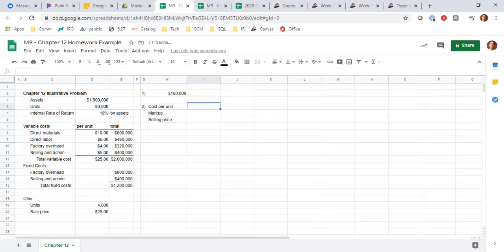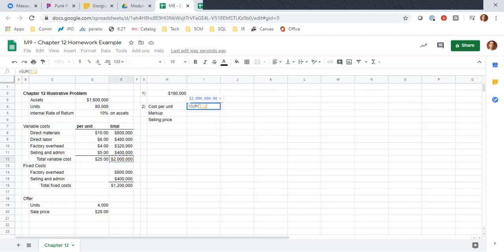Okay, so under the total cost method, the cost per unit is going to be our total costs right here for variable costs, total costs for fixed costs, divided by our number of units. Okay, so total cost is going to be our variable cost per unit multiplied by our units to get a total variable cost, and total fixed costs are given to us.